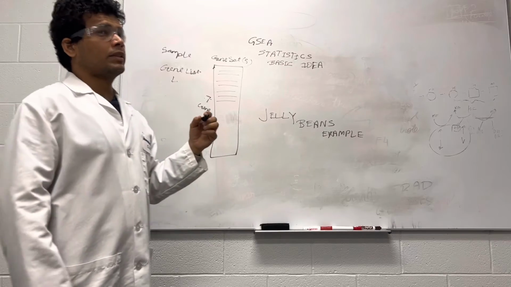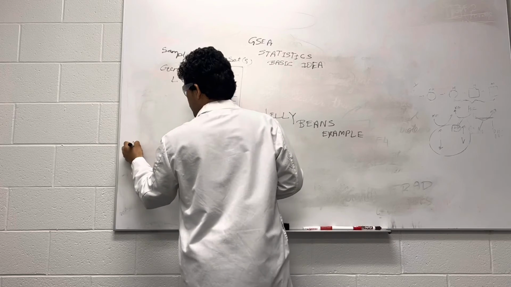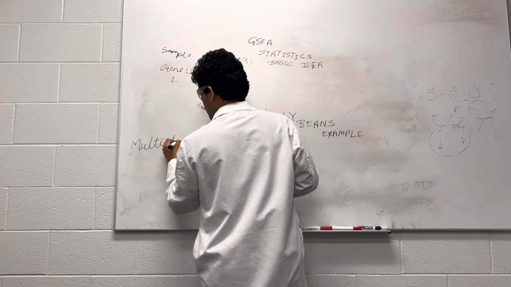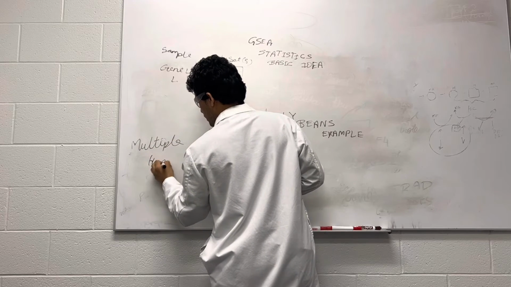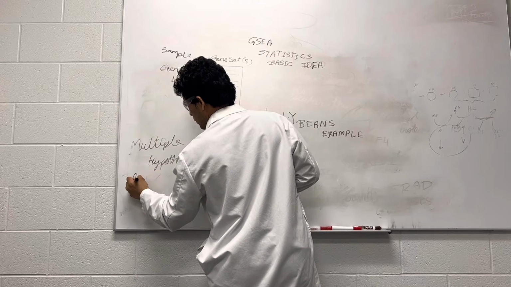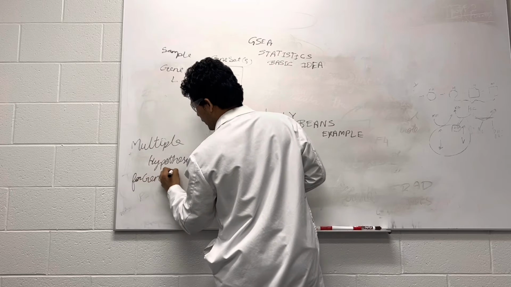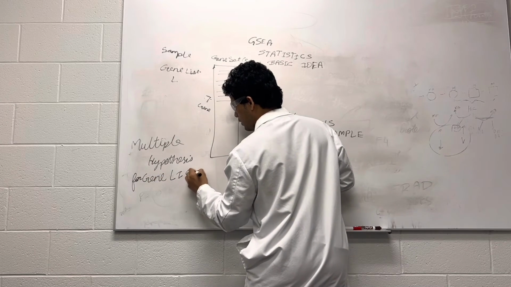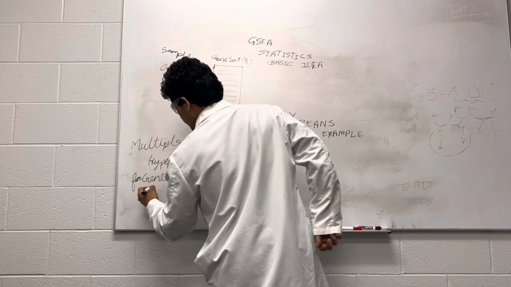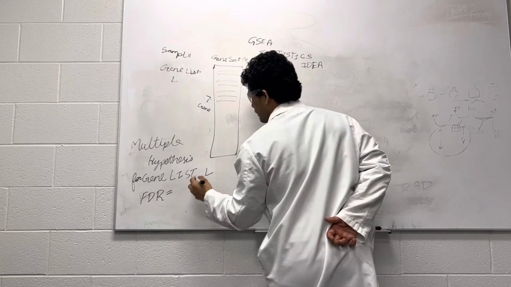From this we can calculate the false discovery rate, which is also called FDR, for multiple hypothesis testing on the complete gene list.